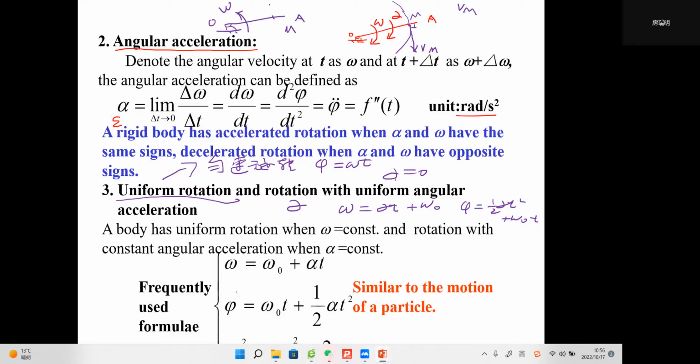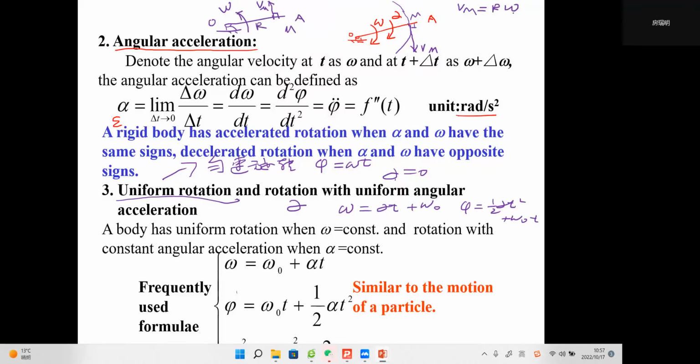So we fold it by 90 degrees, and we get VM always perpendicular to this OA. That's how we find VM, and its magnitude will always equal R omega, where R means the length from O to M.